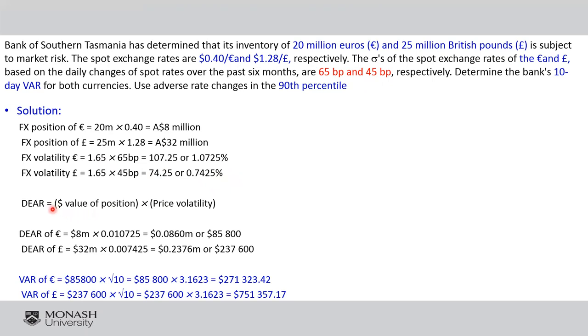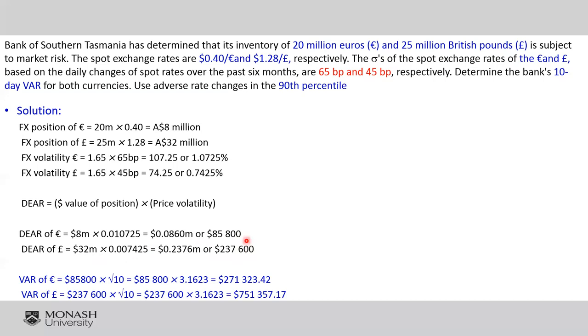Now we want to calculate the DER, so we take the value of the position times the price volatility, and we will do it for each position, because we have one position in the euro and one position in the pound. So we find this to be 85,800, and we find this to be 237,600.